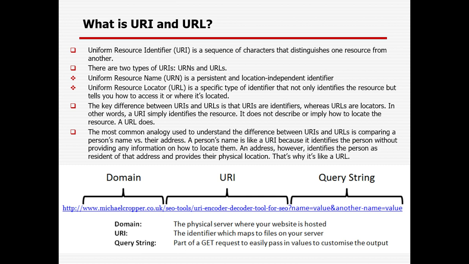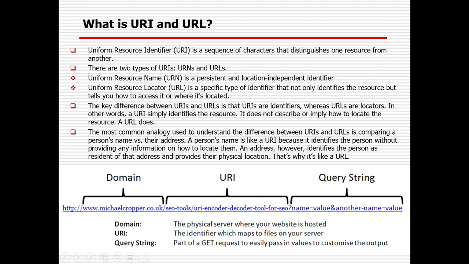The key difference between URI and URL is that URIs are identifiers, whereas URLs are locators. In other words, a URI simply identifies the resource, it does not describe or imply how to locate the resource, whereas a URL does so.